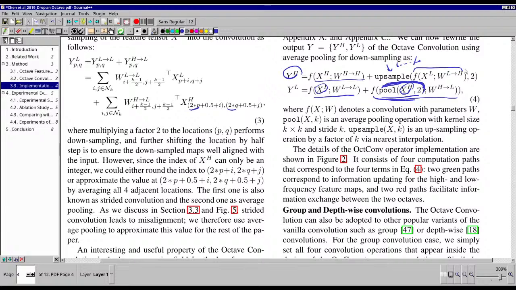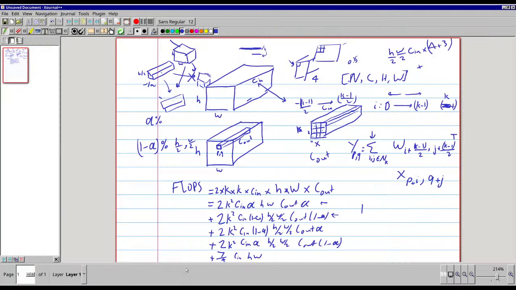I understand that both convolutions are happening in the lower dimension, the half dimension scale. But this definitely doesn't make much sense.